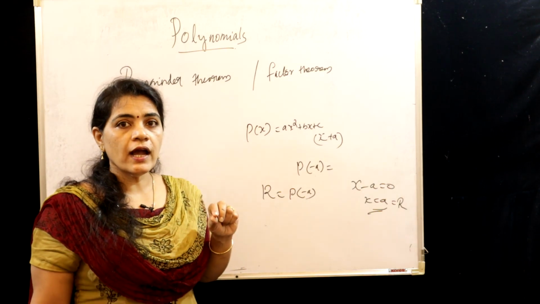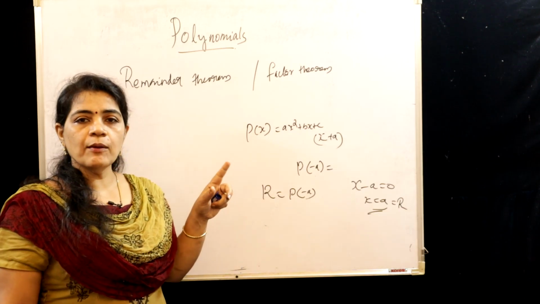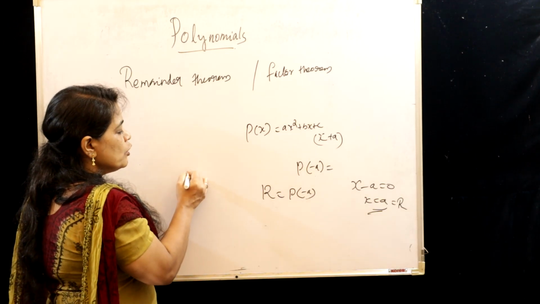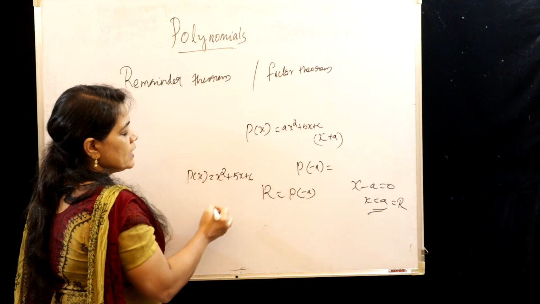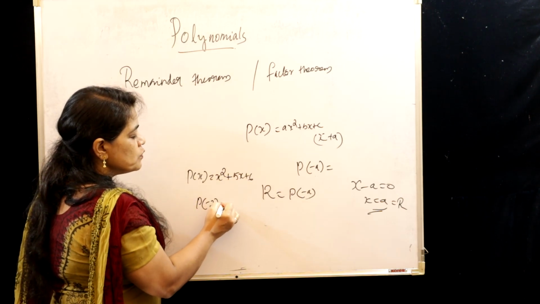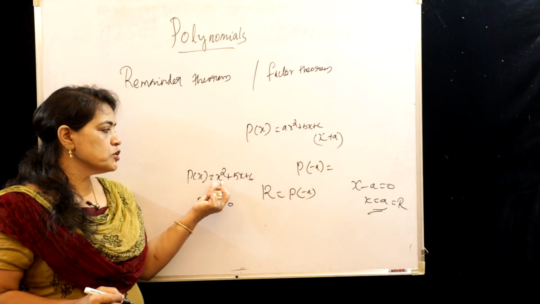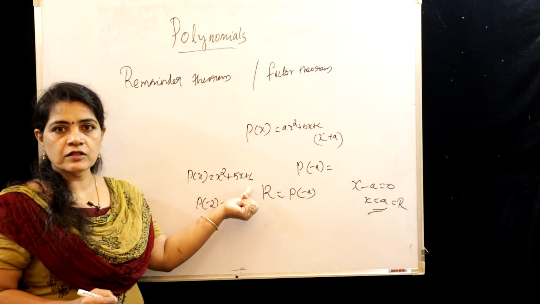If the remainder is 0 when you divide a polynomial, we have seen the previous case that polynomial p of x is equal to x square plus 5x plus 6, and we have seen that p of minus 2 equals 0. That means if you substitute minus 2 in this polynomial, it makes p of x 0.